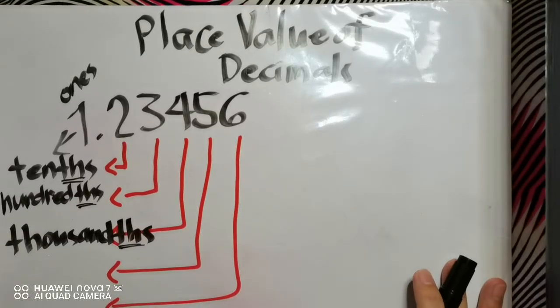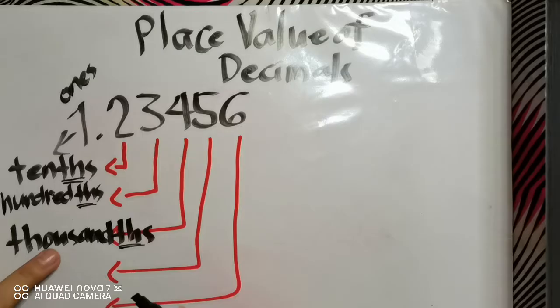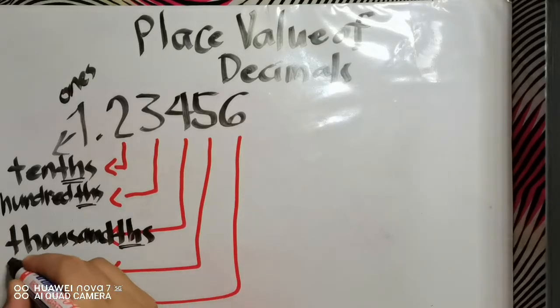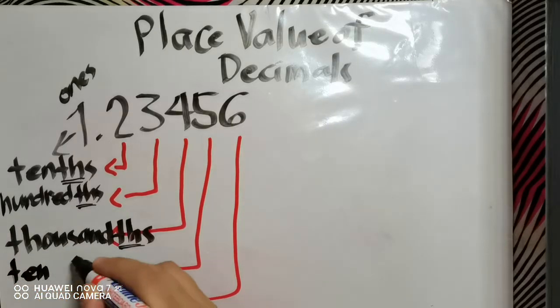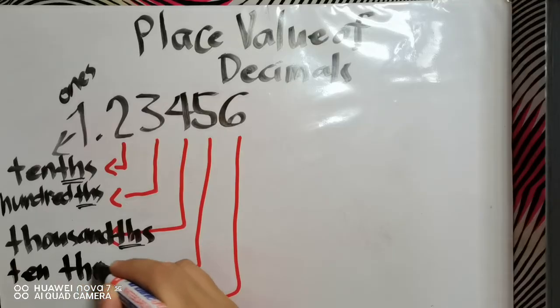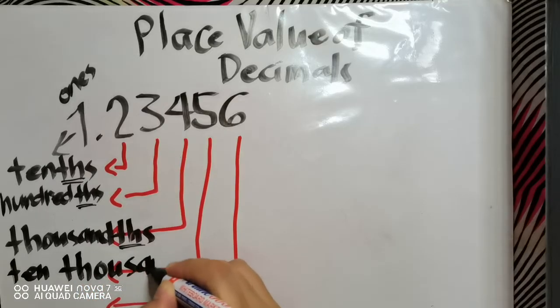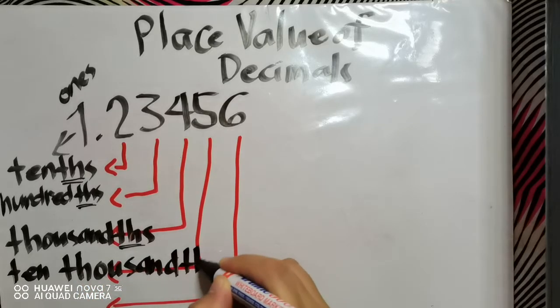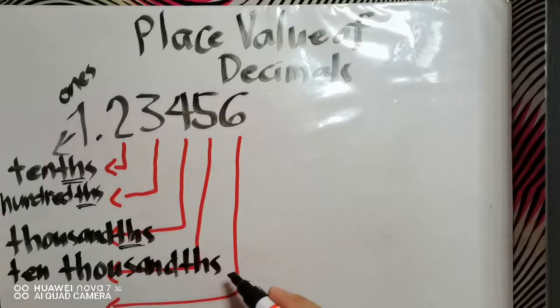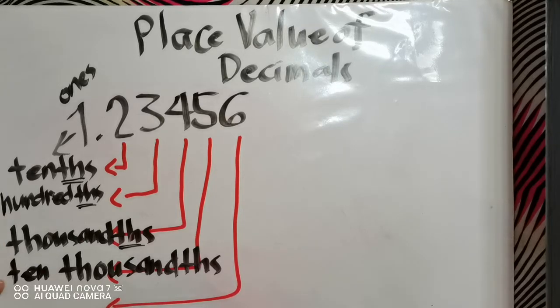So, after the thousandths, syempre, susunod na dyan yung 10 thousandths. Okay? So, 10 and then thousandths. Okay? Meron pa rin siyang THS. So, syempre, after the 10 thousandths, follow dyan ng 100 thousandths.